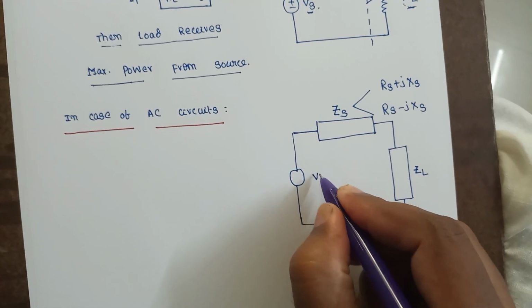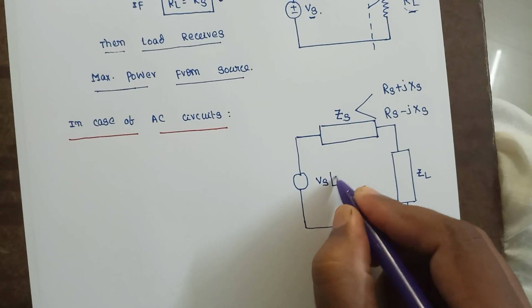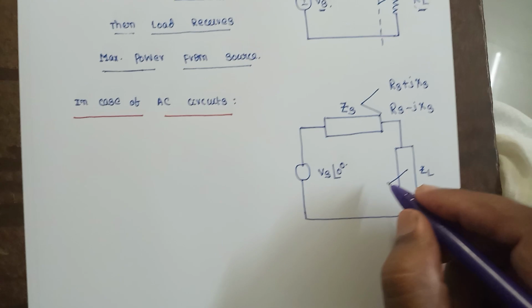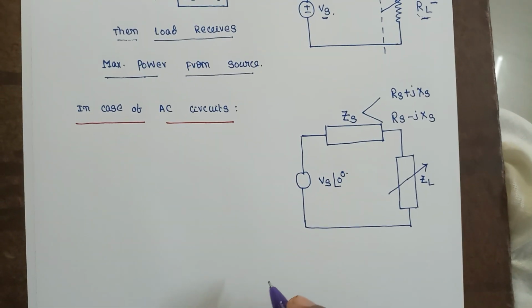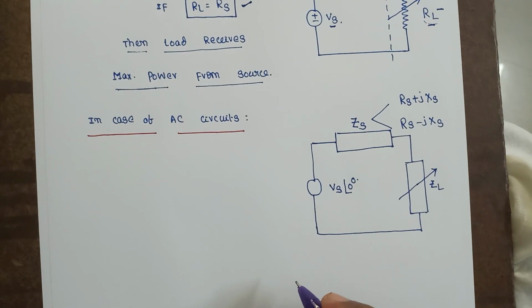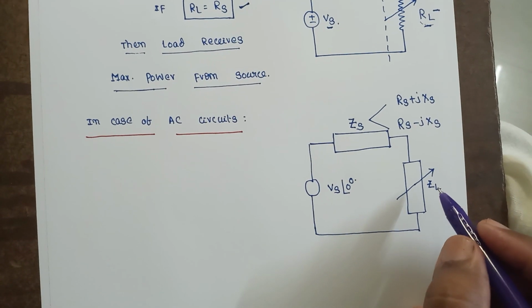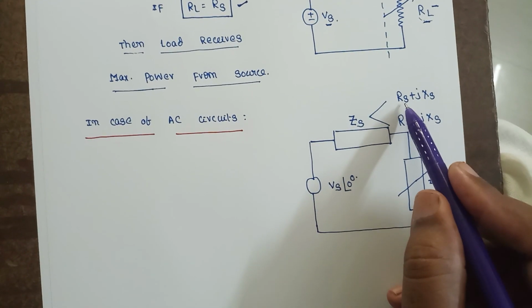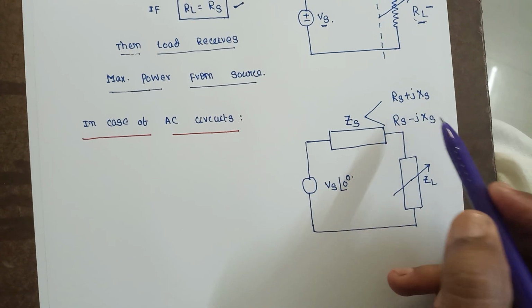Now the source is an AC source Vs with angle 0, and the load impedance is variable. In the case of AC circuits, the statement for when the load receives maximum power is this: in general the source impedance consists of both real and imaginary terms.